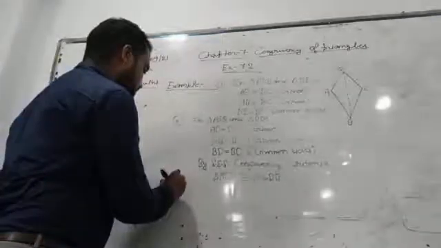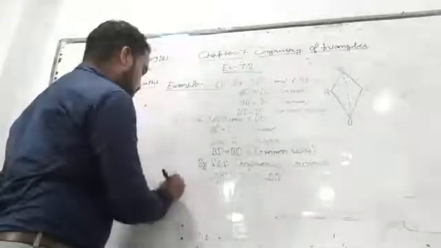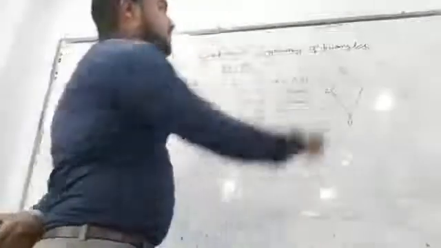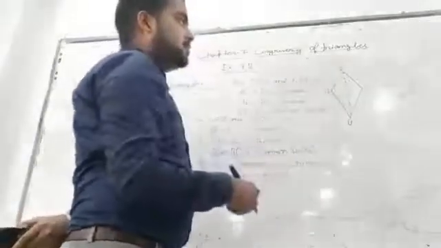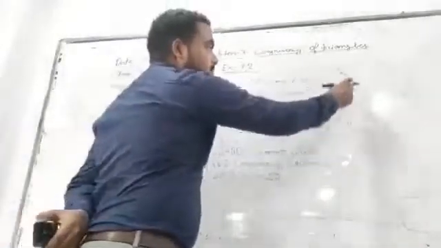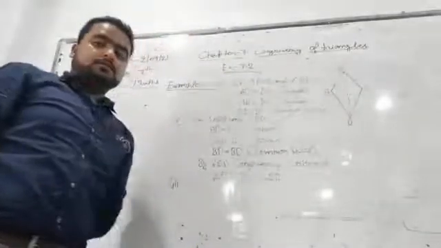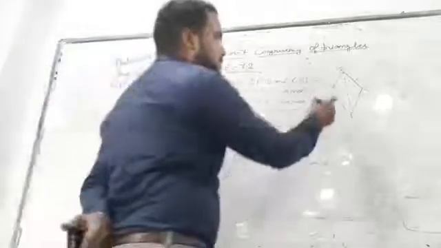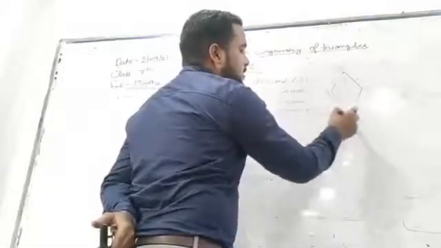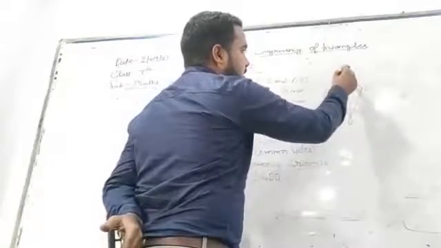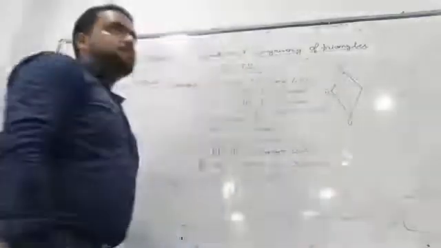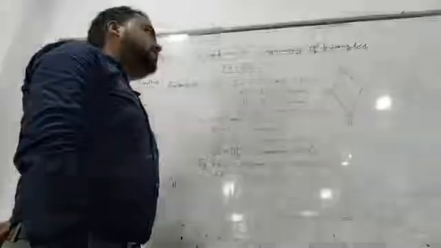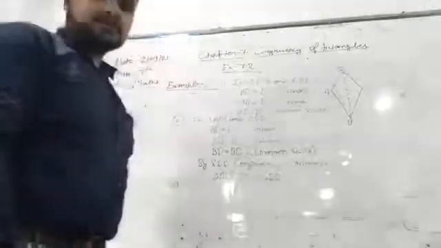Now the third part of the question. In the third part we have to check whether line BD bisects the angle ABC or not. So for checking this, we have to find whether angle ABD and angle DBC are both equal to each other, then line BD bisects the angle ABC.